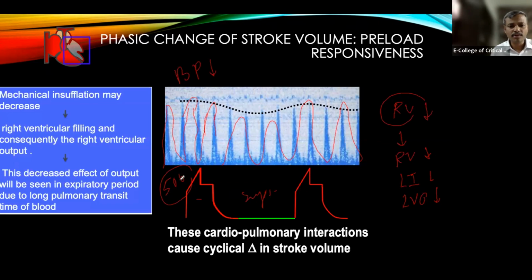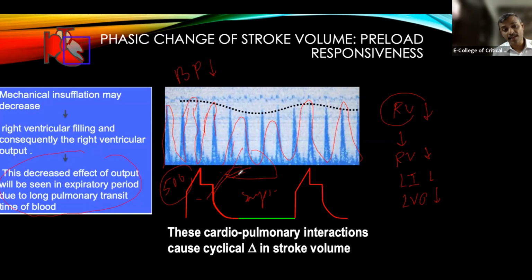Okay, this you have to understand. This is very important. Mechanical insufflation may decrease the right ventricular filling and consequently right ventricular output. But this reduction in the right ventricular output will be seen during expiration, because the lung is there in between.